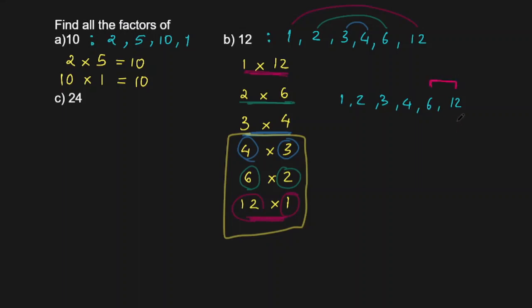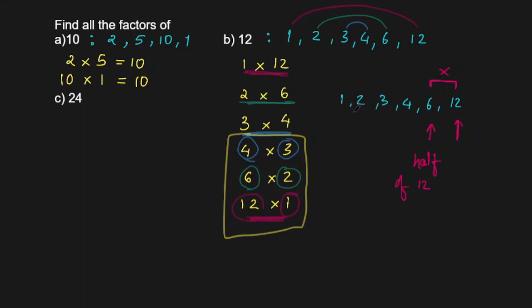This is our number, right? 12 is our original number. And if you can see here, 6 is exactly the half of 12. And we will never get any factor between 6 and 12. 6 is actually half of 12, and we never get a factor of 12 between 12, the number itself, and half of it.